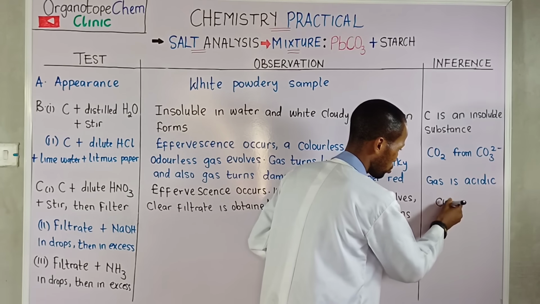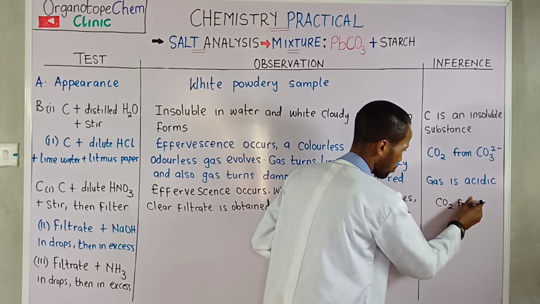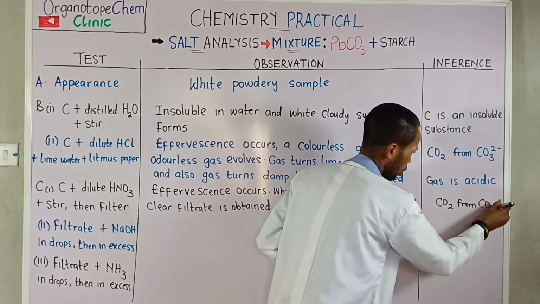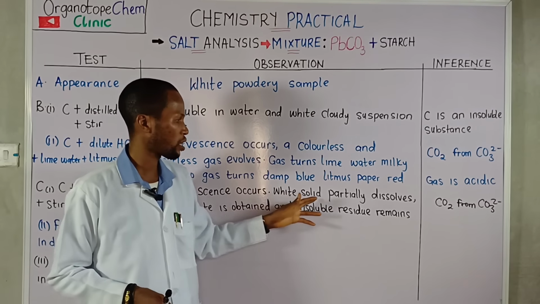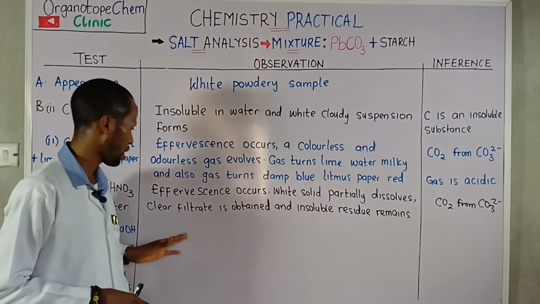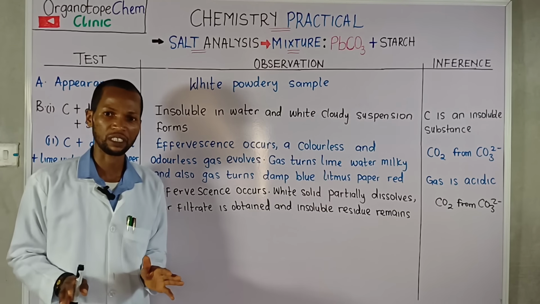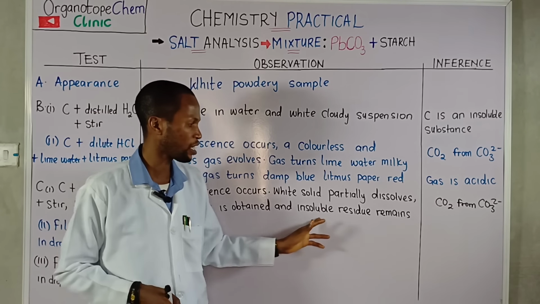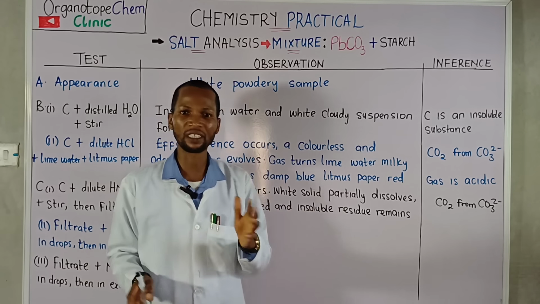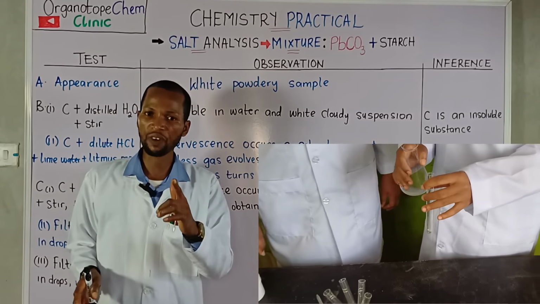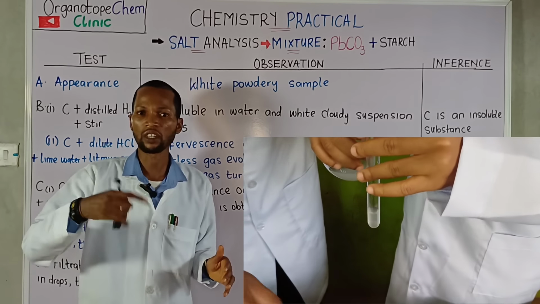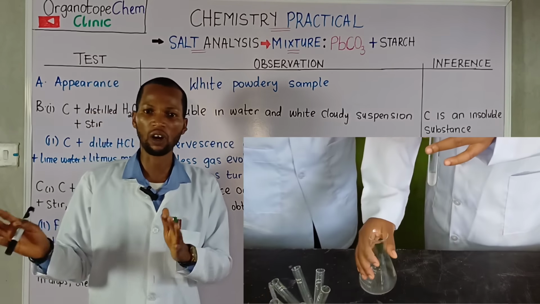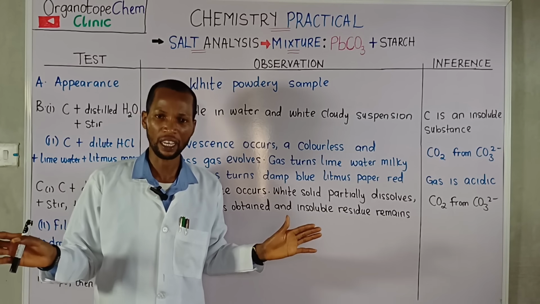So CO2 from CO3 2-. Okay, and in the process, a white solid partially dissolves and a clear filtrate is observed. And we can as well observe an insoluble residue which remains in the filter paper. We expect to divide the filtrate gotten right here into different portions in order to carry out the analysis for the presence of metal ion.